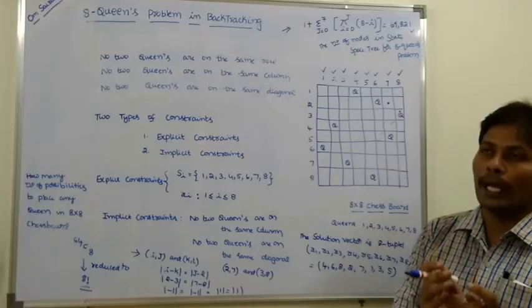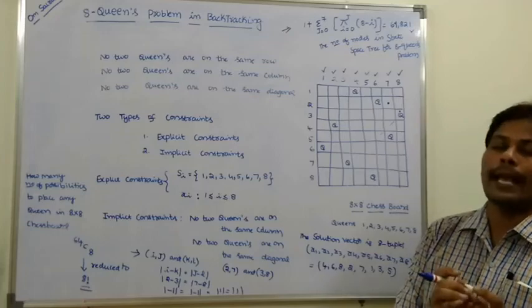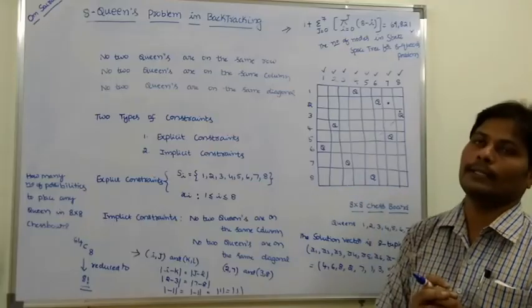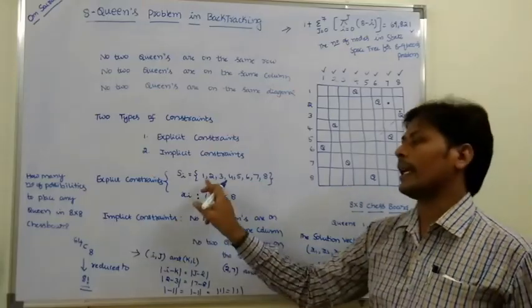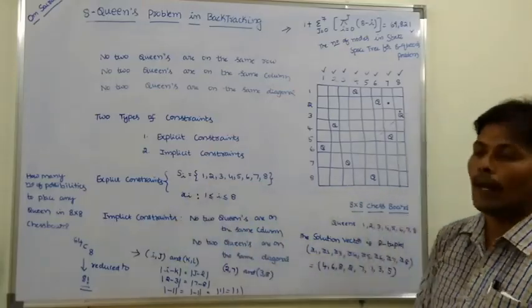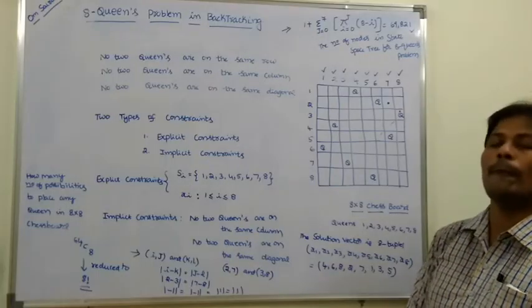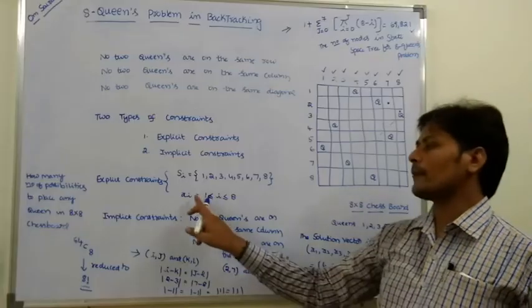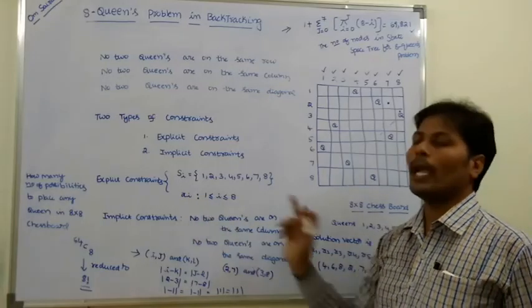So x suffix i can take the 1st column, 2nd column, 3rd column, and so on up to the 8th column. So x suffix i varies from 1 to 8.